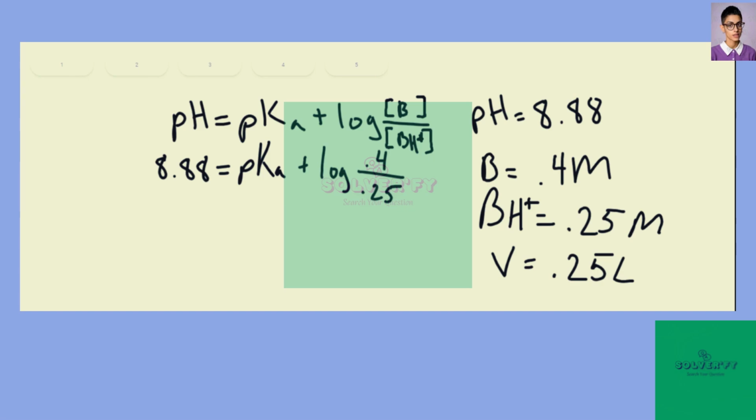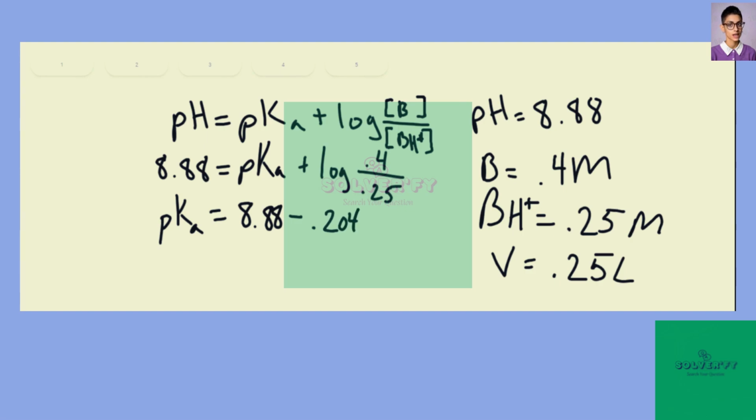And so we rearrange the equation. So we'll read pKa equals 8.88, and when you take the log of that number, then it's subtracting 0.204.